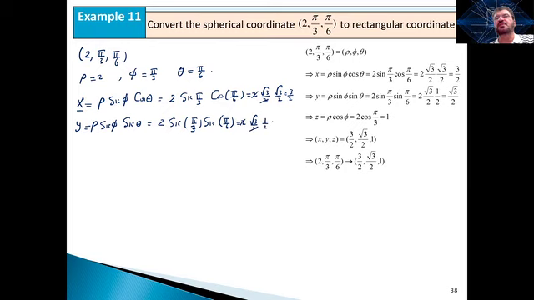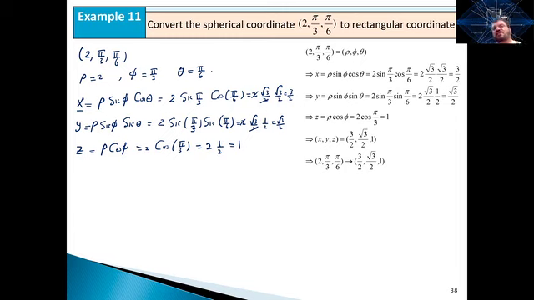This goes with that, and you have root 3 over 2. This is y, guys. How about z? Z is equal to rho cosine phi. Rho is 2, phi is pi over 3. Cosine of pi over 3 is half, and the answer is 1.